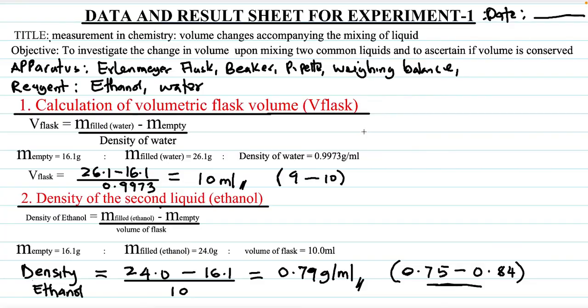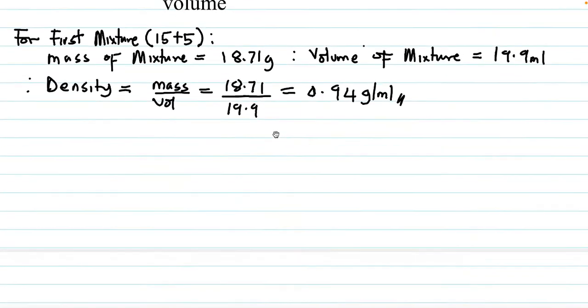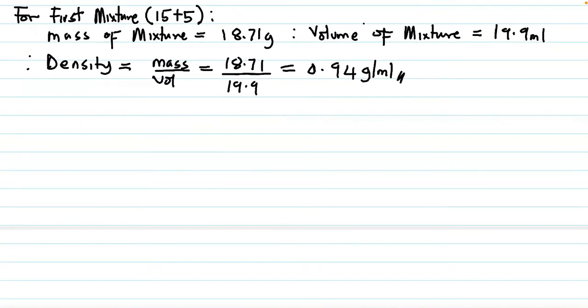Okay, let's look at the next mixture. For the second mixture, if you check through your table, you see that the second mixture is 10 plus 5.